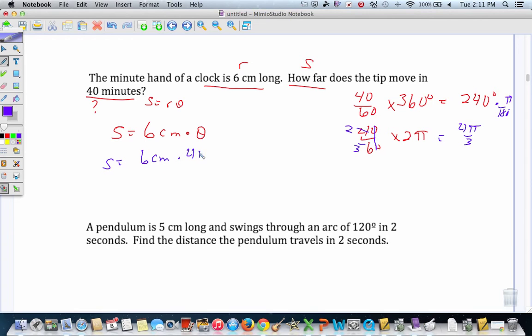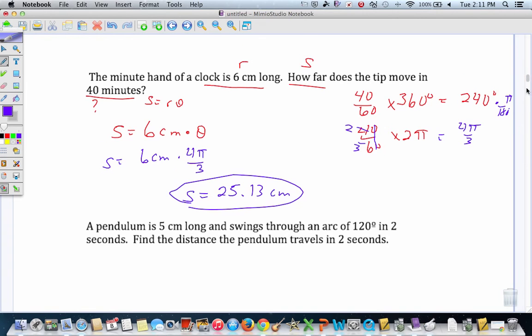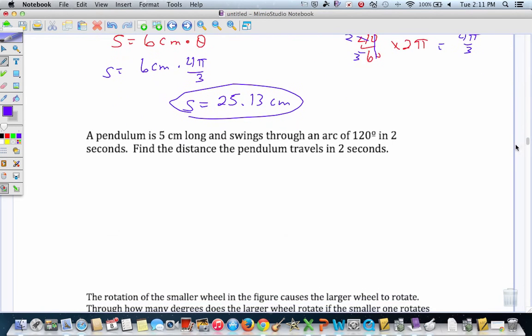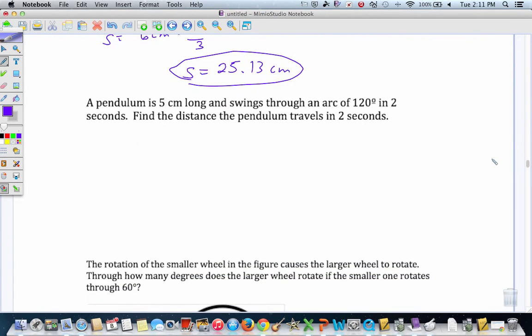But as you can see here, our theta, or our central angle in radians, is 4 pi over 3. And now we can plug that into our calculator and get 25.13 centimeters as the length of our arc. Let's go through a couple more here.